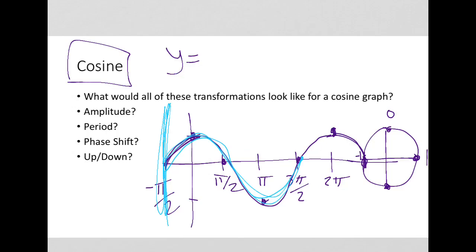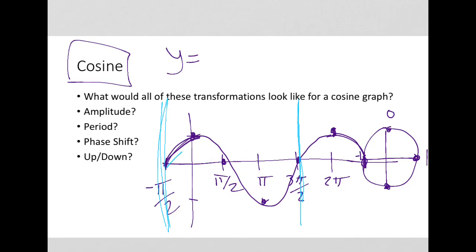So if you think about that sine graph, my axis is not there in that big blue line. My axis is right there. If you look at just between there and there, what have I done? I've taken a sine graph and shifted it to the left by pi over 2.